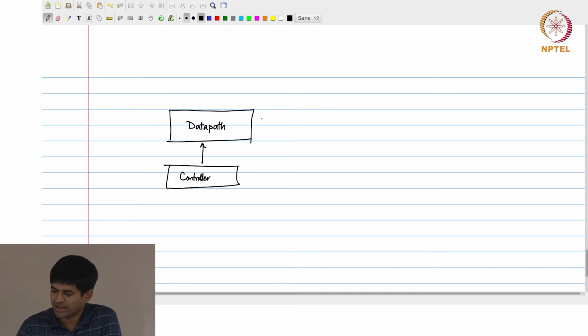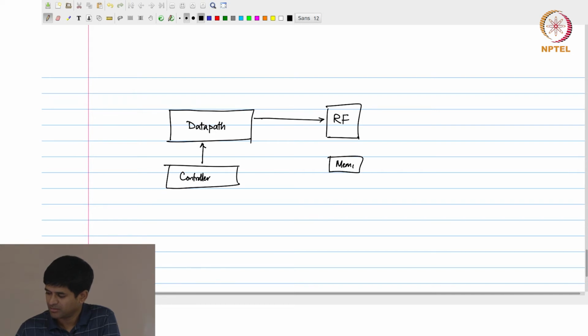Usually this is then combined along with a few other things. In particular, there is something called a register file, but you could also have memory blocks, and the output of the data path could be routed to any of those depending on what the control says.